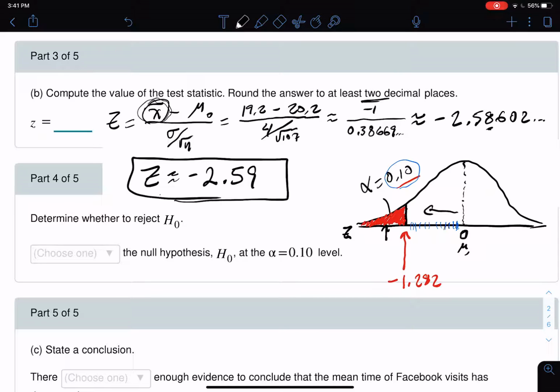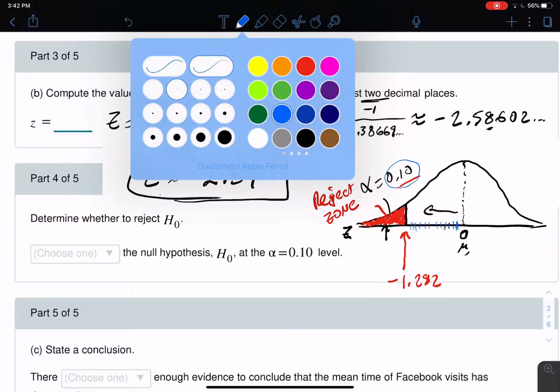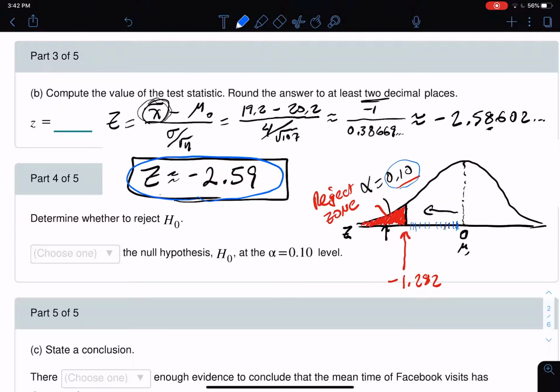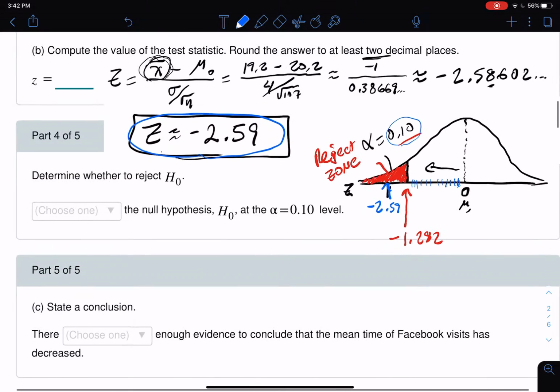And with this standard, let's call this red. Reject zone. If our test statistic lands in that rejection zone, remember, there it is. It's definitely further to the left, negative 2.59. If it lands in that rejection region or zone, we have to reject the null.